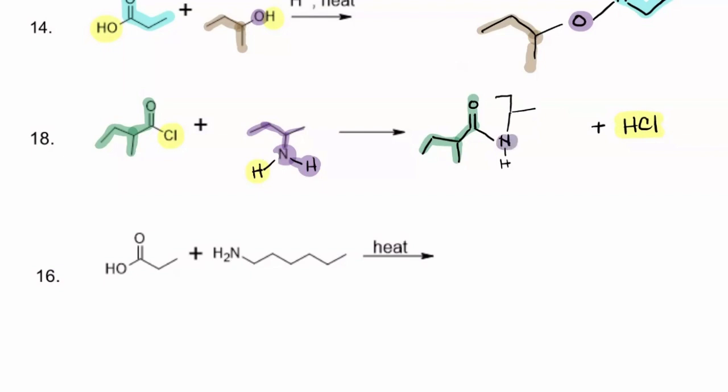This is the nitrogen connected to the hydrogen, connected to a carbon that has a CH3 and an ethyl group. To write it more neatly, this symbol is just redrawing, meaning this. That just means a redraw.